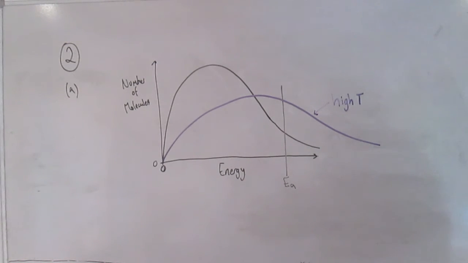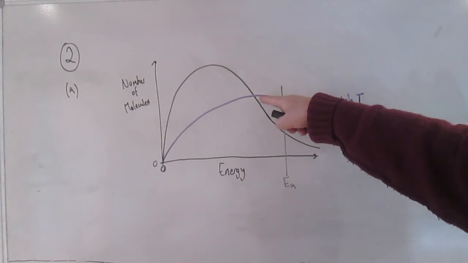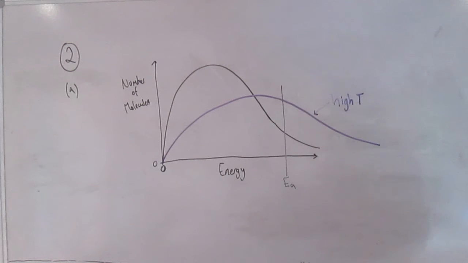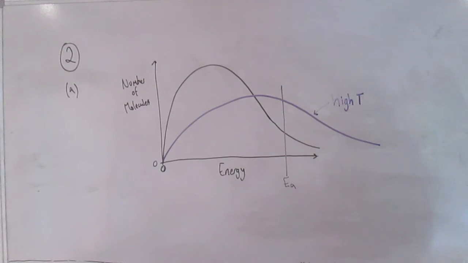But you can see that because the average kinetic energy is higher at higher temperature, on average the molecules will be moving around quicker, and if they're moving around quicker they're going to collide more often, and that will make the reaction rate higher at higher temperature. Okay, so you could say that because it's true, and it is a part of the difference: because the average kinetic energy is higher, the average speed of the molecules is greater, and therefore they collide more often, so the rate will be increased at higher temperature.